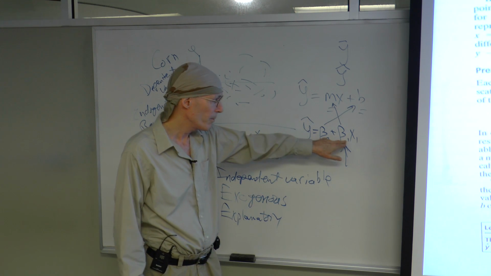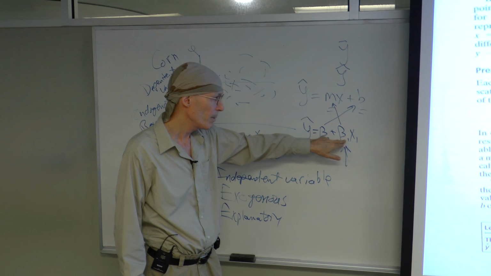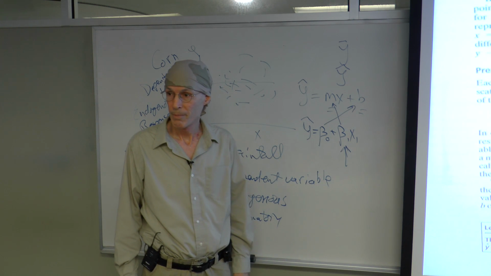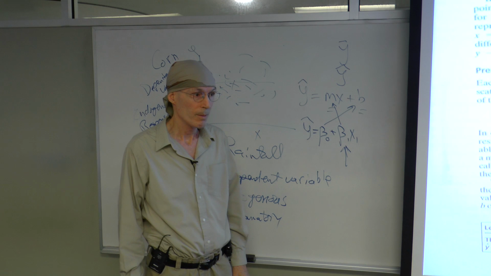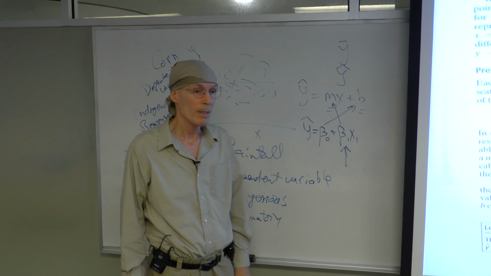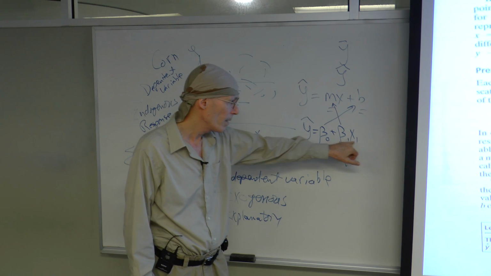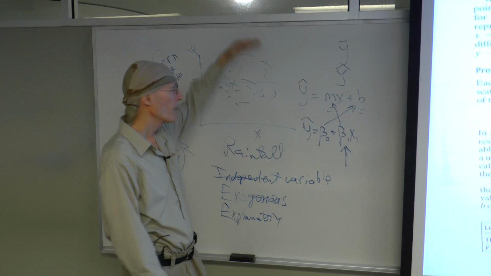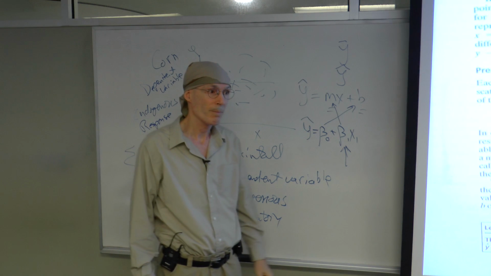If we don't want x to affect it, what must beta 1 be? It can only be one thing. What's that? Not 1. If we made it 1, then any value we had for x would be added to our predicted value, and we'd go up or down. We don't want that to happen.